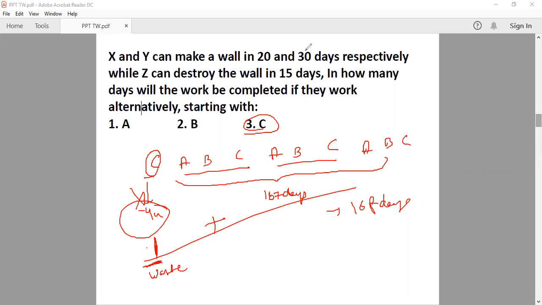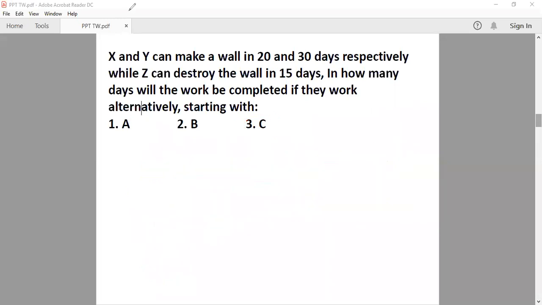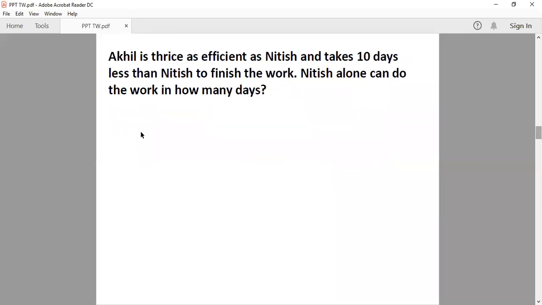Okay, fine. Let's move ahead. Try this now. This is an easy one.